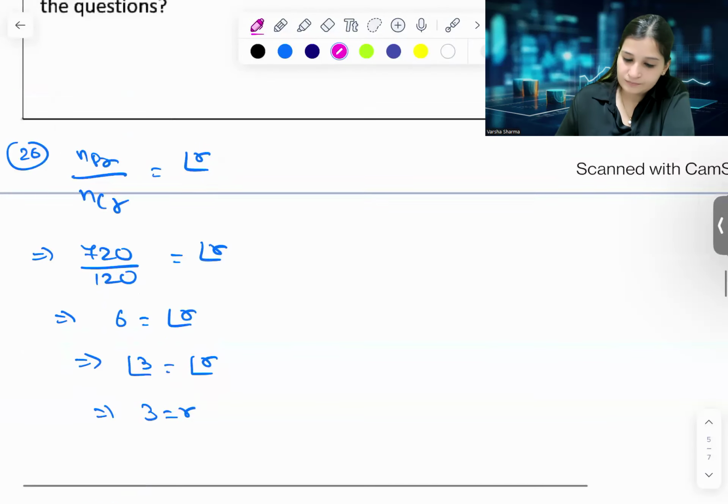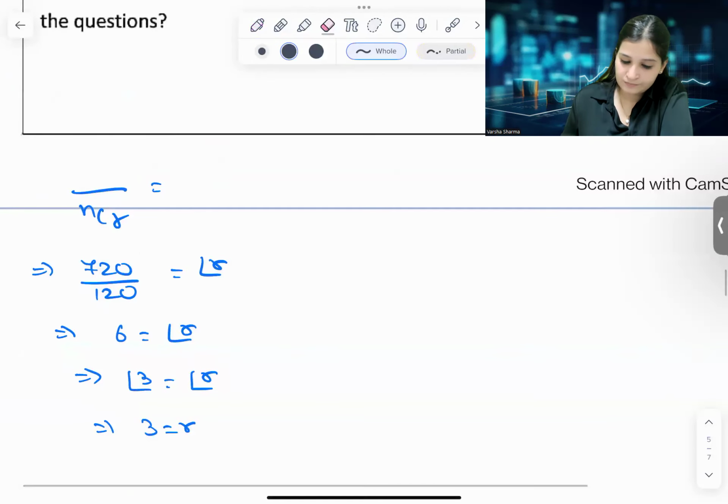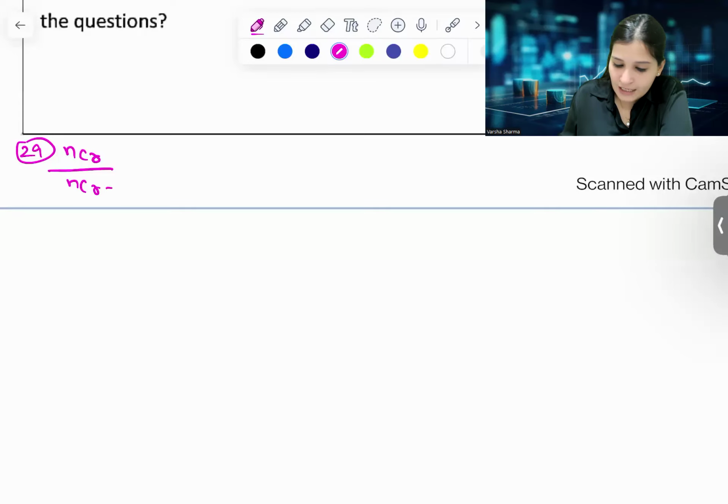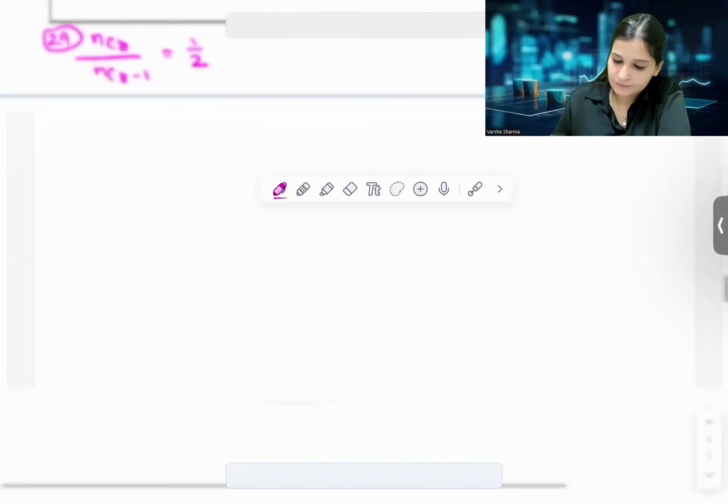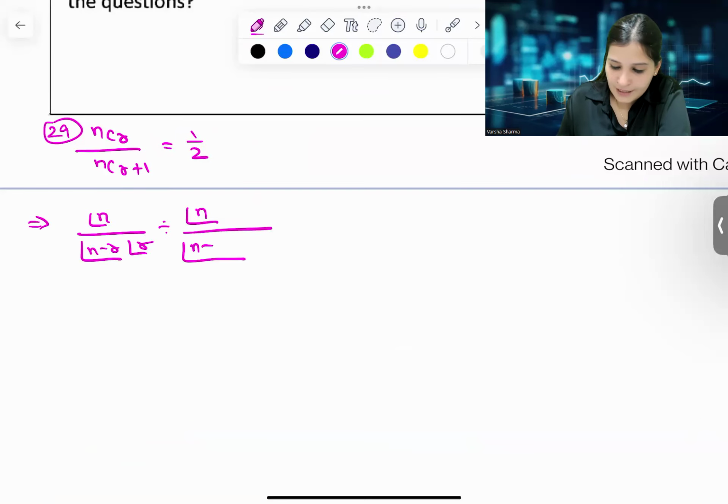29 is a long sum. So whenever we have three ratios, we can't deal all three of them together. We'll deal two at a time. First two, nCr divided by nCr minus 1. That is 1 by 2. Opening the formula: factorial n minus r, factorial r, n minus r plus 1, factorial r minus 1 divided by factorial r plus 1.